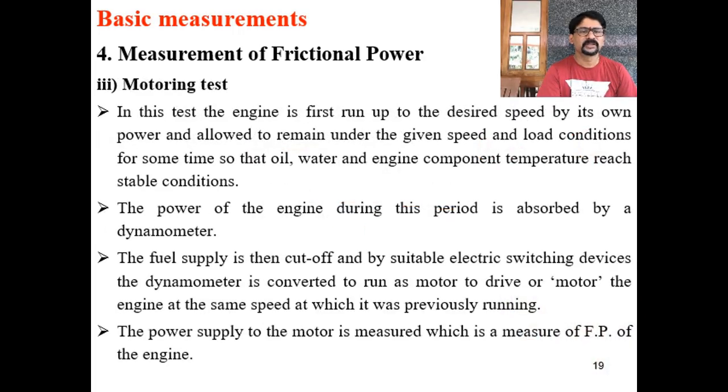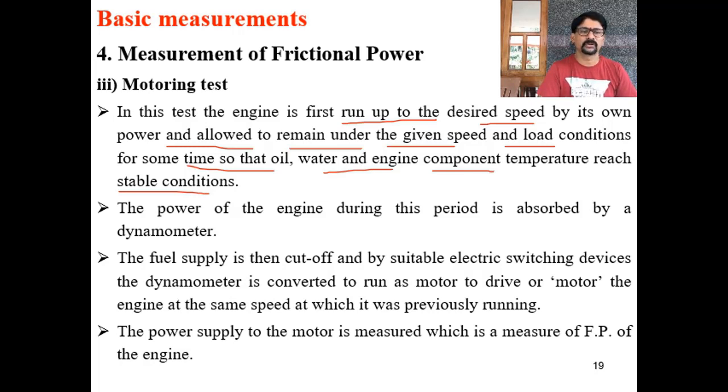One more method of measuring the friction power is the motoring test. In this test, the engine is first run up to the desired speed by its own power and is allowed to remain under the given speed and load conditions for some time, so that oil, water and engine component temperatures reach stable conditions. This means you are waiting till the engine reaches the steady state.